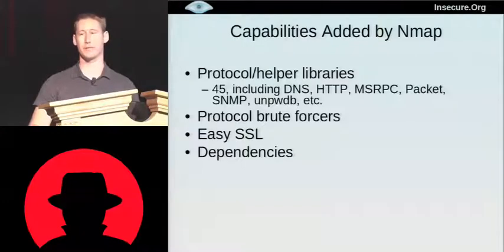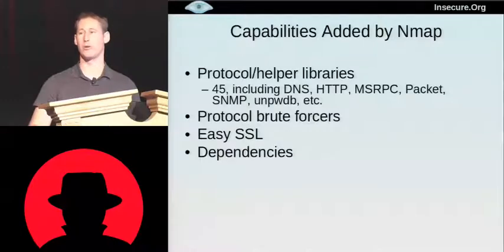So we have libraries for DNS, HTTP, MSRPC. We have a packet library for constructing raw packets, SNMP. David's going to talk about the username and password database a little later. Basically a bunch of scripts that are optimized for writing network discovery tools.